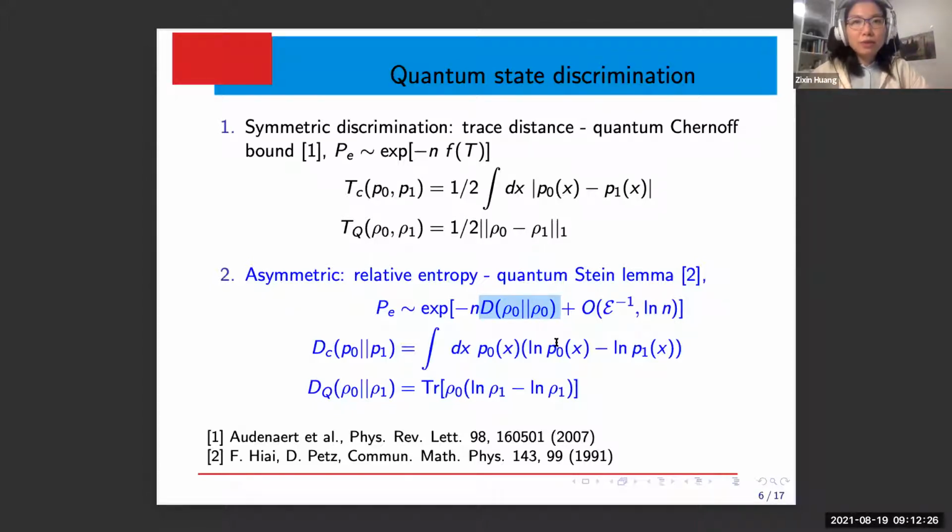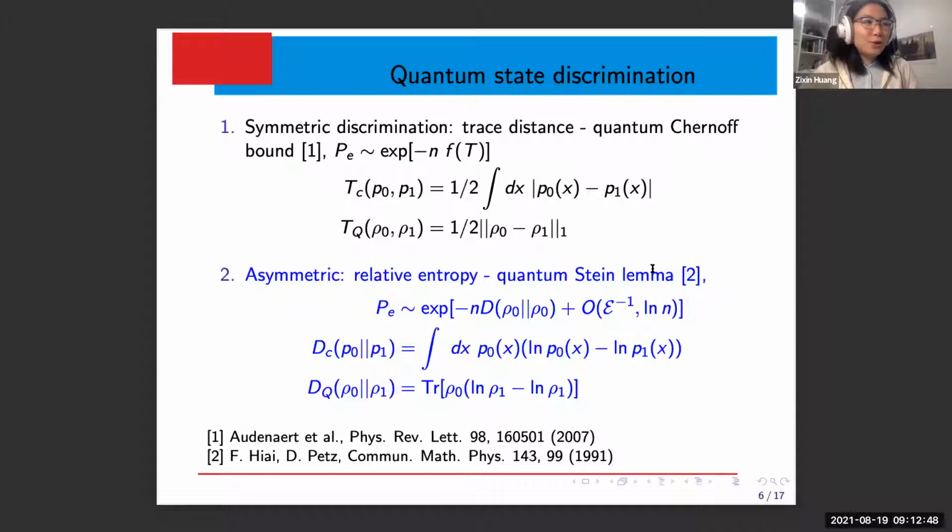And the quantum relative entropy takes this form. So you have the trace of rho 0 multiplied by the difference of the logarithms, rho 0 minus rho 1. So this is the case we're interested in right now.